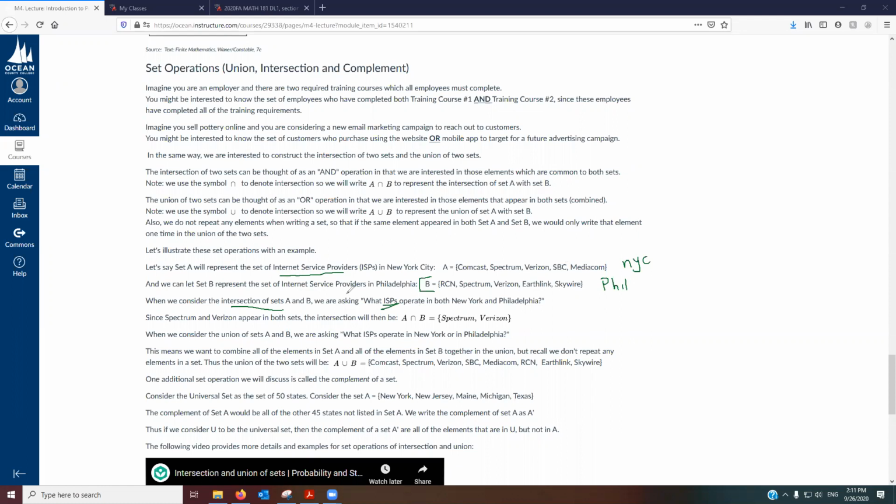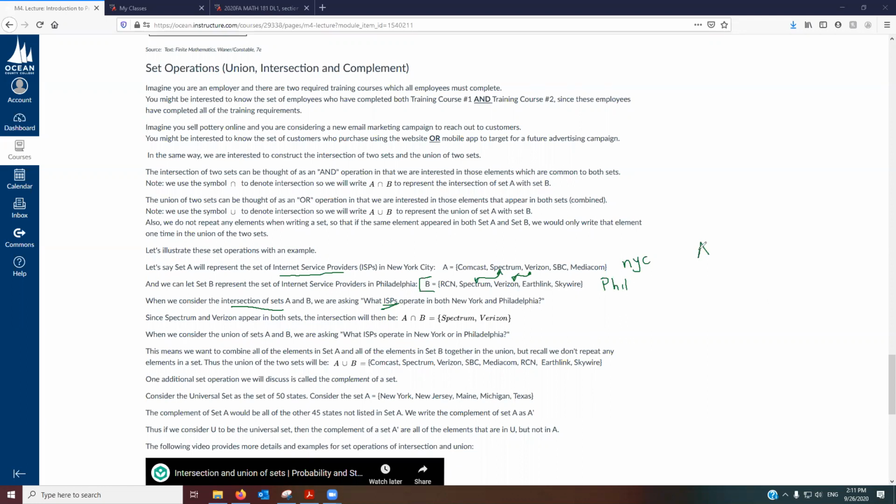Really, that's asking what elements are in common between these 2 sets. If you compare them, notice Spectrum is showing up in both set A and set B. And notice also Verizon is in set A and set B. So those 2 elements are in the intersection.